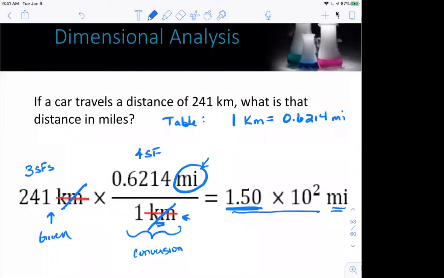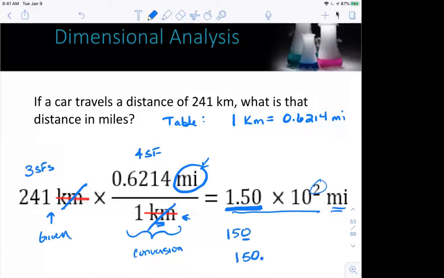Now, this is a way to report the number 150 and make this zero significant. If I put it into exponential notation, that means that all 3 of these digits are significant. The other way I could do that to make 150, I have to remember that 0 is at the end, so that's ambiguous.